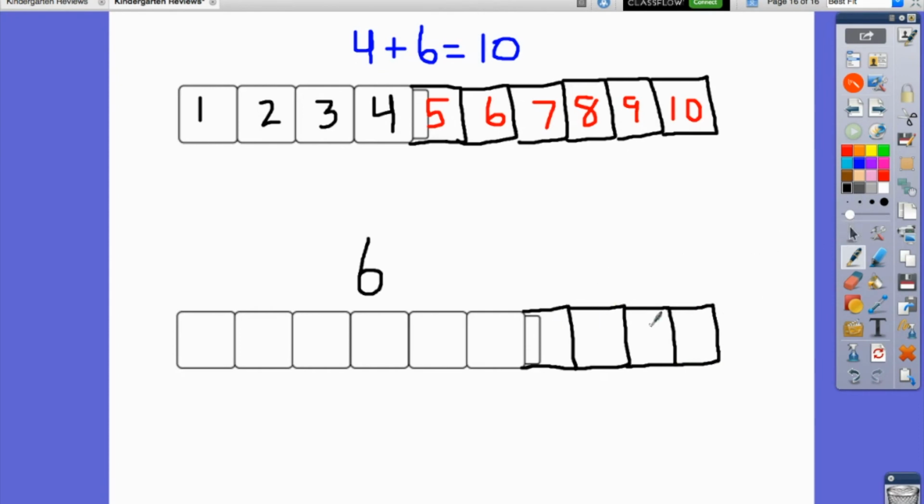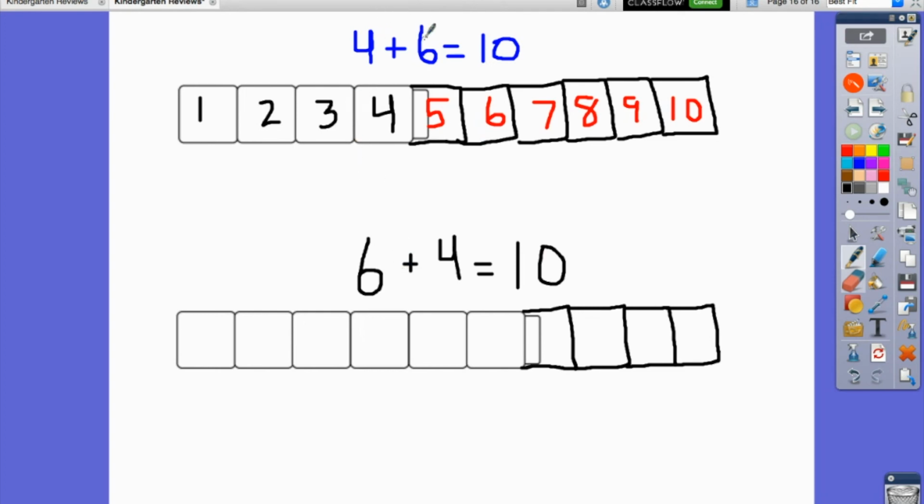How many cubes did I draw? 1, 2, 3, 4. So 6 and 4 equals, whoops, it would be good if I put the numbers on there. 6 and 4 equals 10. Now tell me, once you look at it, what do you notice about our 2 number partners we used with our blocks?